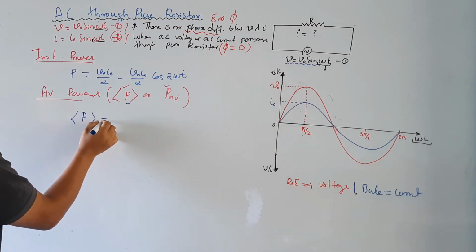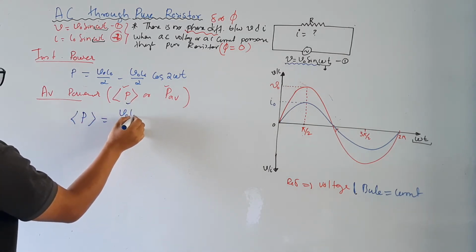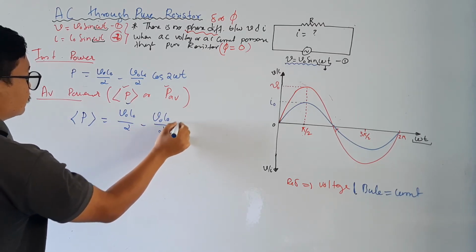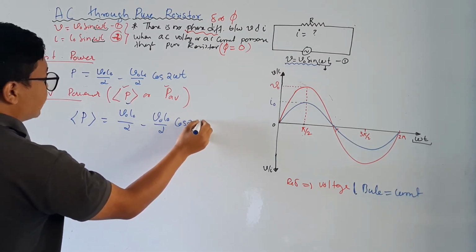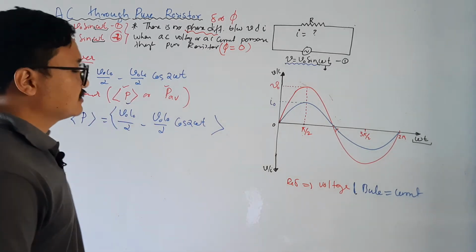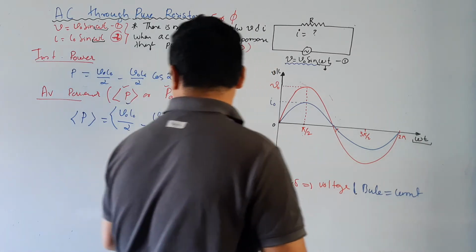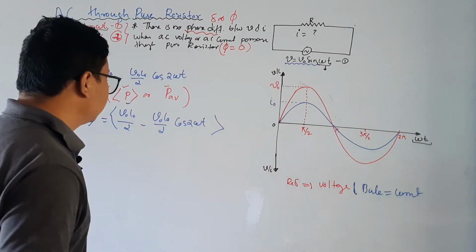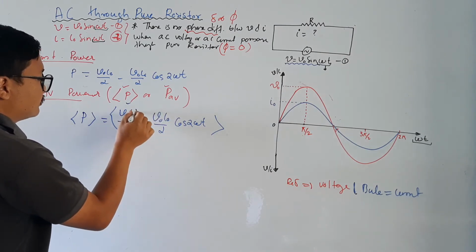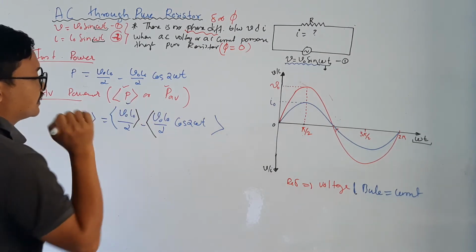We have studied in class 11 how to calculate average. V0 I0 by 2 minus V0 I0 by 2 cos 2 omega t, and this is the power. In the second step, there are two terms, so I have to do it like this.